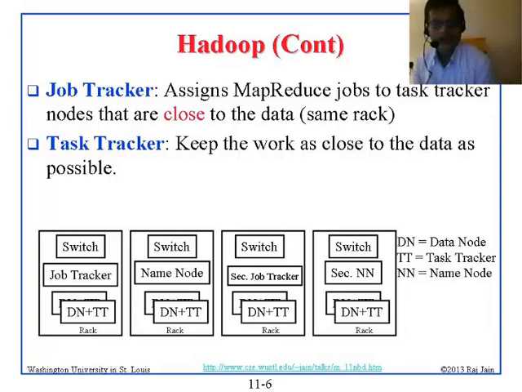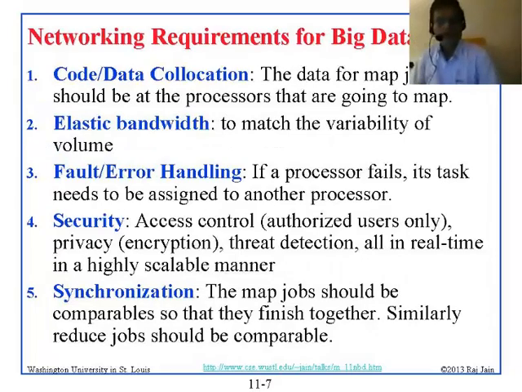So there are 5 things that big data needs in terms of networking. First, it needs to make sure that you can do the computation at the same place where the data is. So the code and the data co-location.